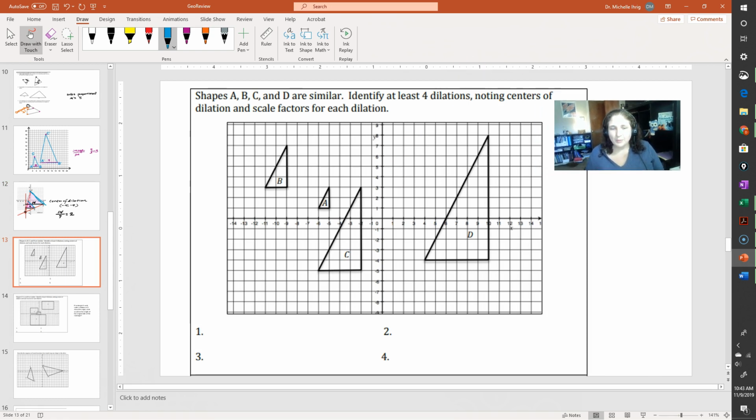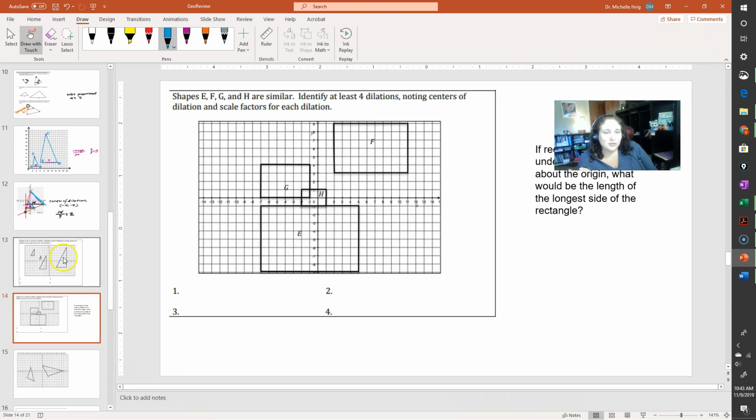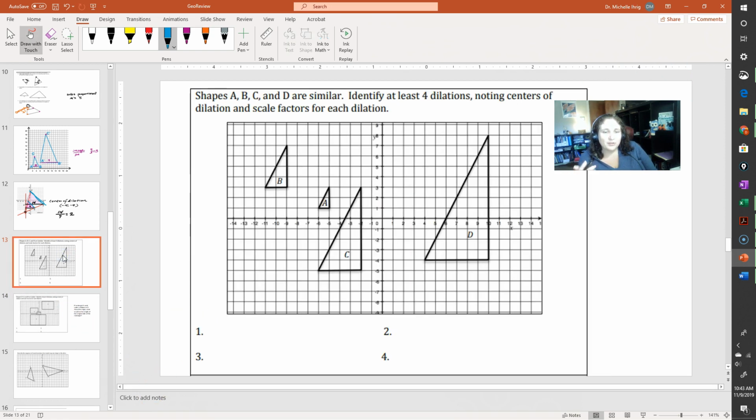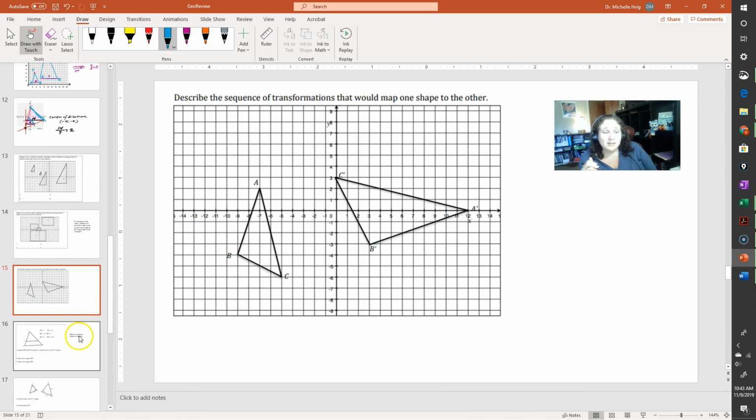Here, I really liked this problem. And you might actually see it at school because I really, really like it. Shapes A, B, C, D are similar, so you can find the scale factor with both sides and points. Yep, absolutely. Again, these two pictures are super easy to find the scale factor because you can easily count the boxes. This is harder to find the scale factor because there's not a straight line that you can easily count the boxes, and I haven't taught you the distance formula yet.